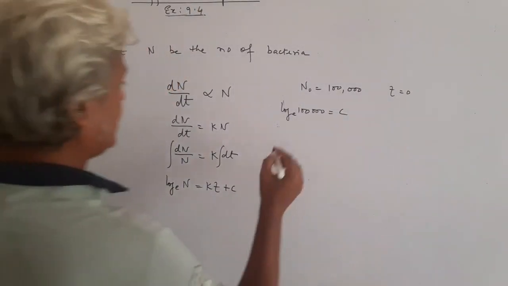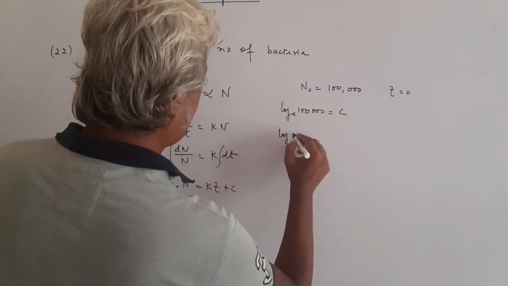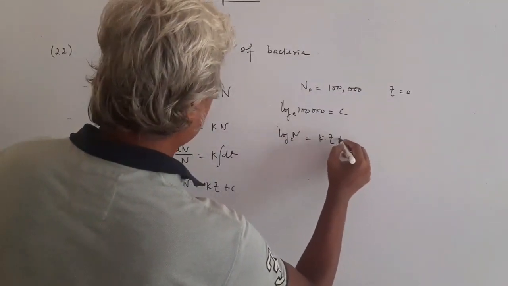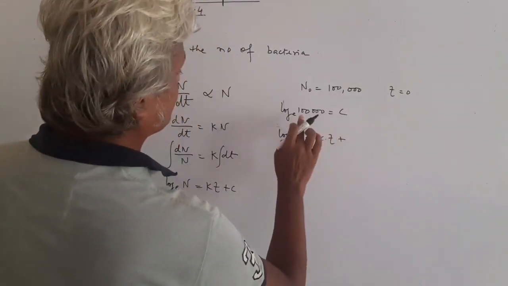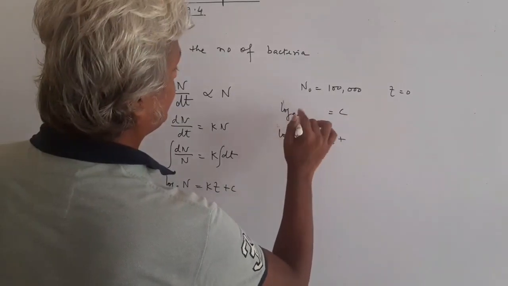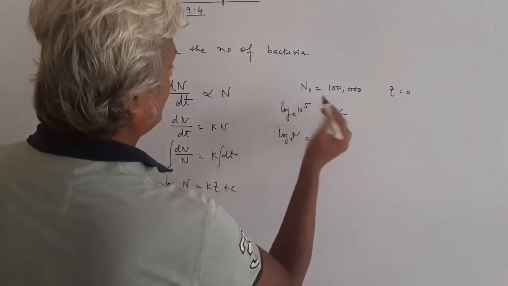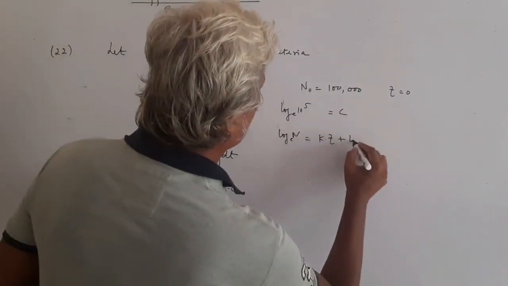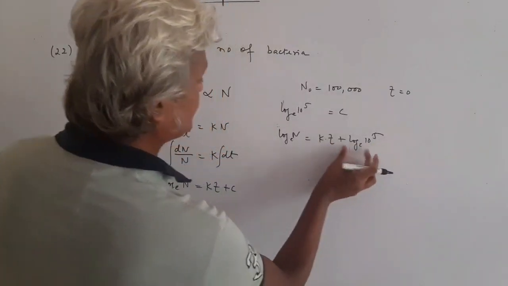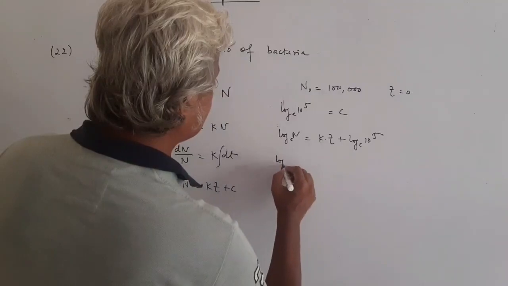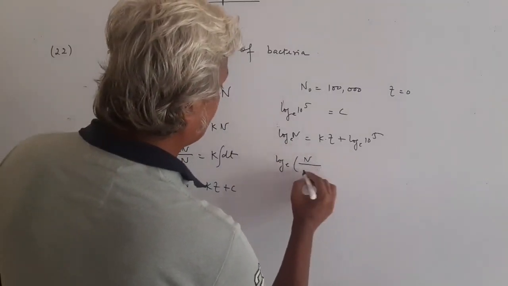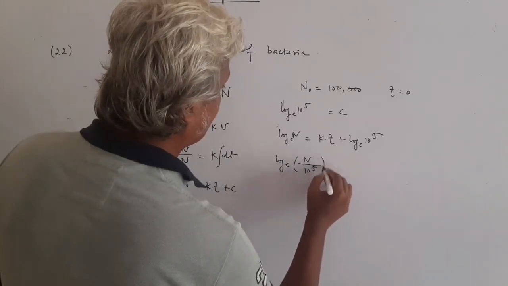So our relation now becomes log N to the base e is kt plus log 100,000, which you can write as 10 to the power 5, log e 10 to the power 5. If this comes to this side, it becomes log N minus log 10 to the power 5, so log N upon 10 to the power 5 is kt.